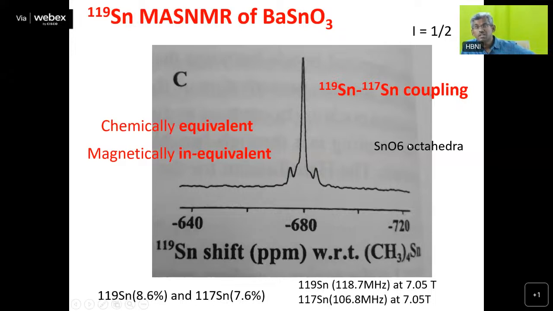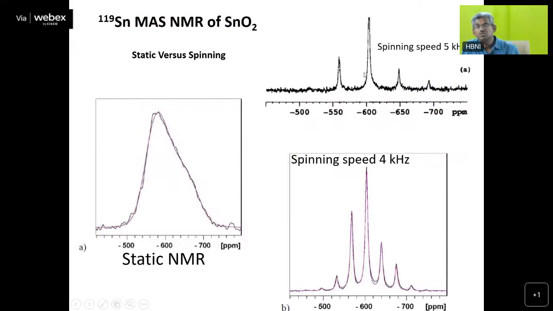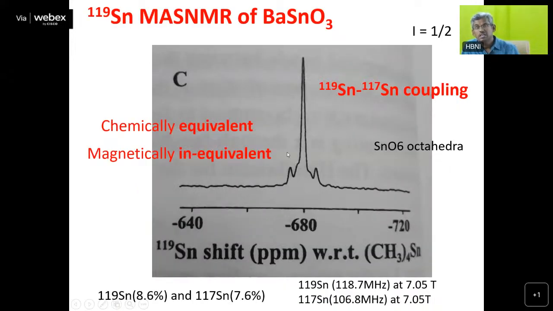So this is also characteristic of the SnO6 octahedra. But here the extent of distortion is quite significant, whereas here it is a highly symmetric structure. That is why we get very sharp lines with almost negligible sideband. There is no sideband here.